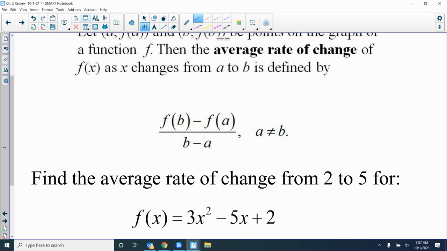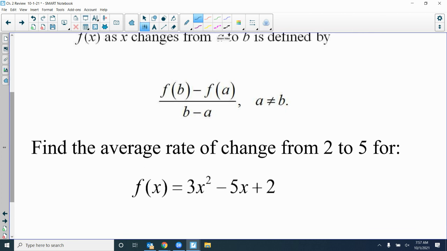Now, what does that look like here? So what is the average rate of change from 2 to 5 for the function given? f of x equals 3x squared minus 5x plus 2. So let's take a look at that here.